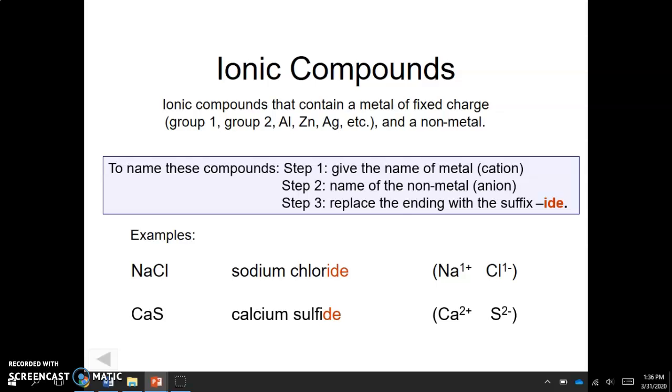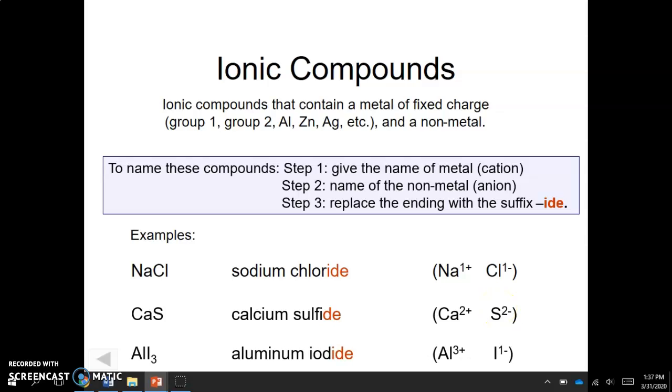In step 3, we replace the ending with -ide. So instead of calcium sulfur, it becomes calcium sulfide. And again, if we're looking at these charges, remember in our ionic compounds, the overall net charge is neutral.